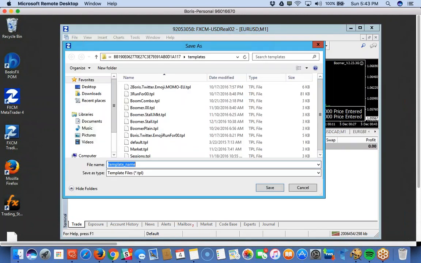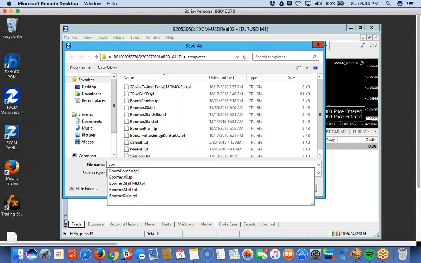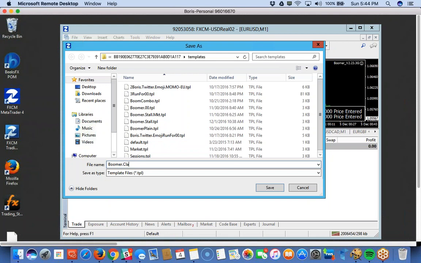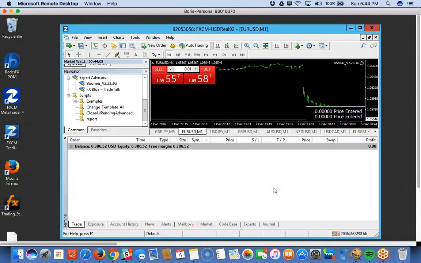I can save this template as boomer.classic. And I'll be happy to upload this template. You could literally copy this template, and the Boomer Classic structure will be there for you. Right now, now you understand why I was not that eager to buy the 62s. Right? Okay.